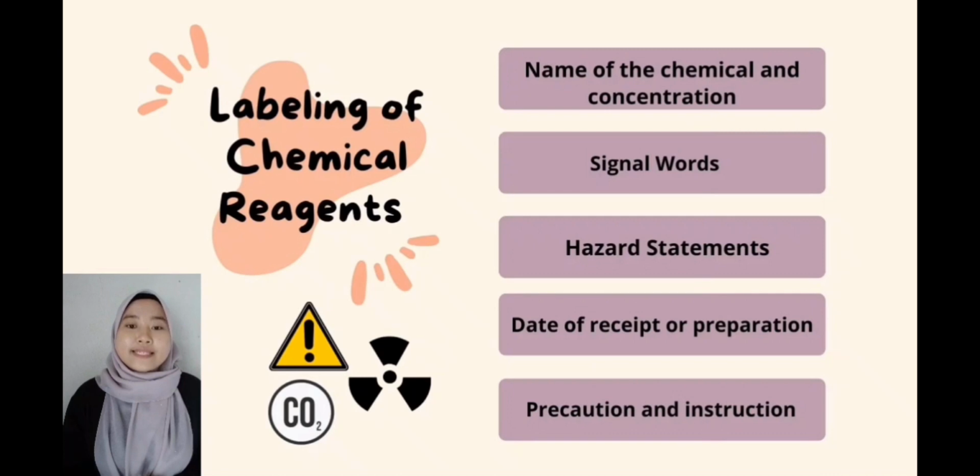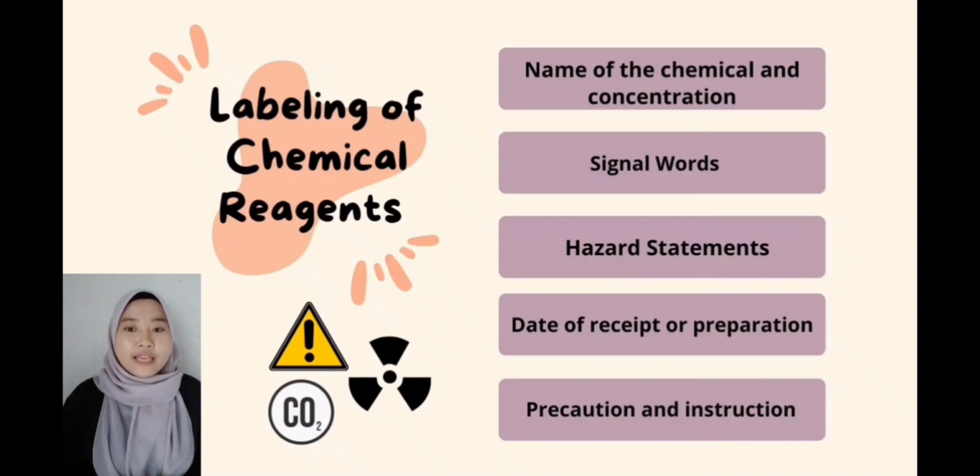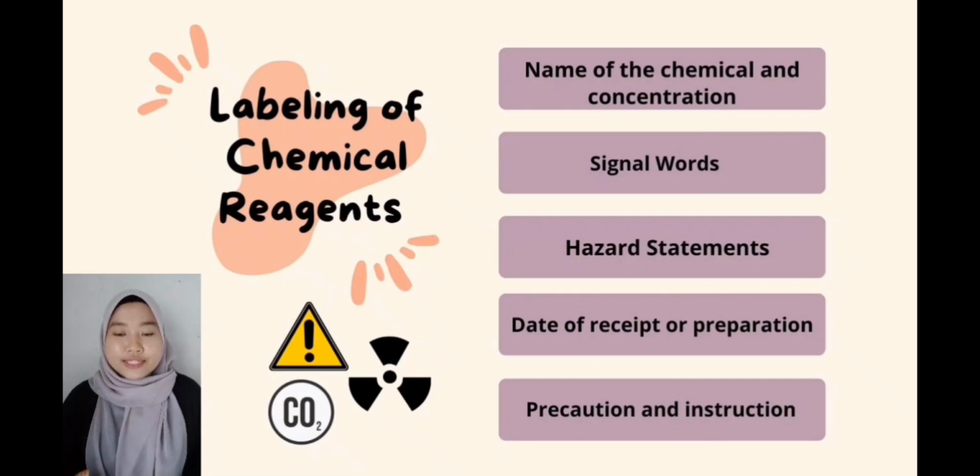There are 5 basic elements that should be included in the labeling of chemical reagents, which are name of the chemical and concentration, signal words, hazard statement, date of receipt or preparation, and precaution and instruction. All of this information is vital in informing teachers and students about the chemicals they use in the laboratory.